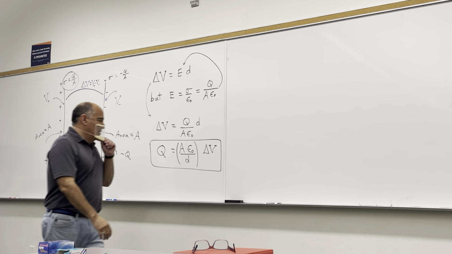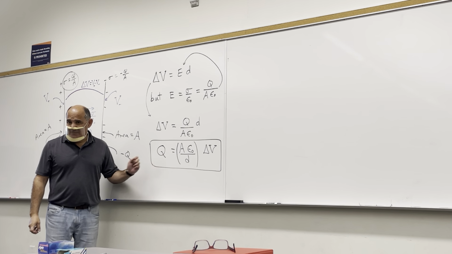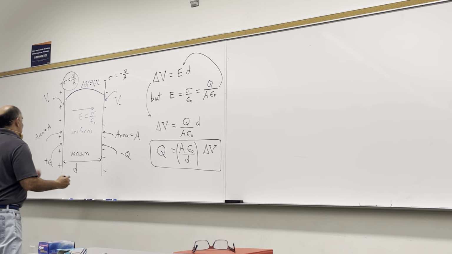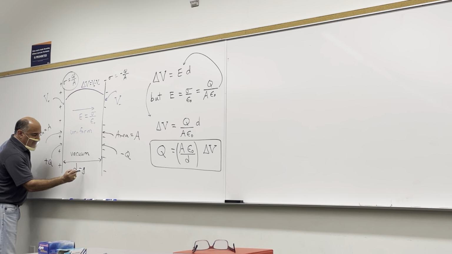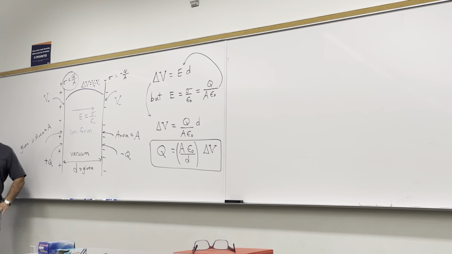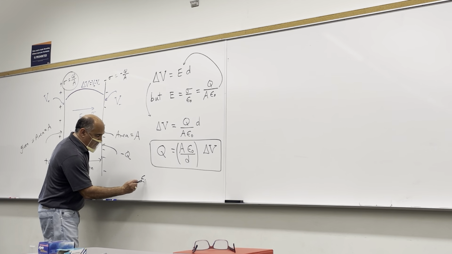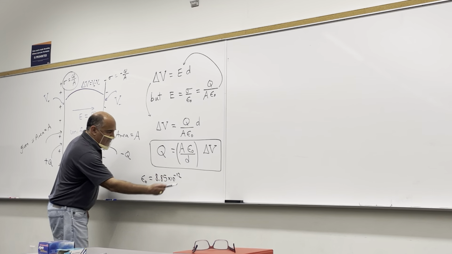So, what this equation says is the following. Suppose the area is given. You have a plate with a certain area. Suppose the separation distance is given. And epsilon naught is just a constant. Epsilon naught for vacuum is 8.85 times 10 to the minus 12.